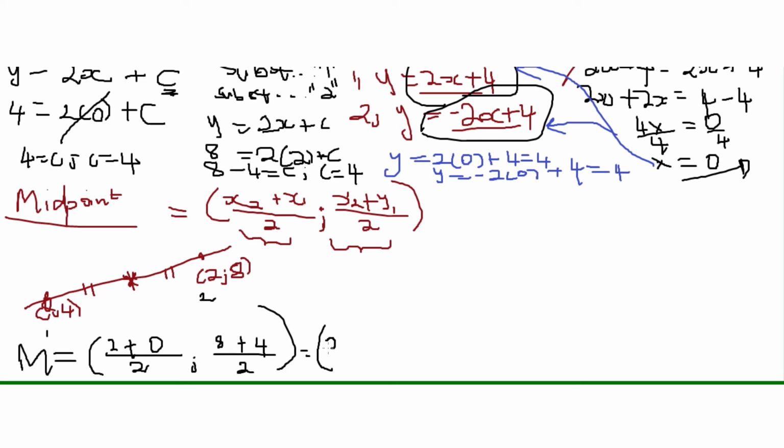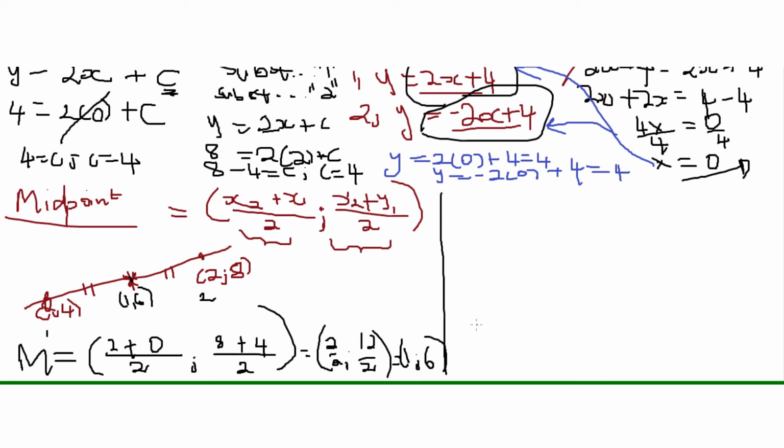Gives us 2 over 2, comma, 12 over 2. Then we ended up with (1, 6) as the midpoint. Therefore, the coordinates of this point here are 1 and 6, the middle point. Right? Yeah, that's about it. When they say calculate the midpoint between 2 points, that's what you do.